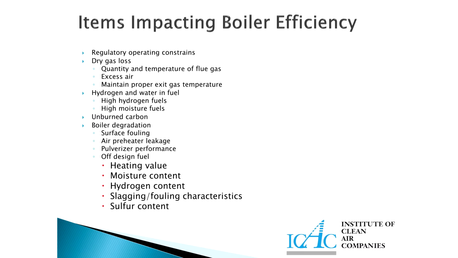I talked about the moisture content, hydrogen, slagging and fouling characteristics, again, insulating impact, and last but not least, the sulfur content. If you have a higher sulfur content, it has a higher acid dew point, so you need to keep the boiler exit temperatures higher so you don't corrode the backpass of the boiler, of the plant. Now, let's move from the boiler to the turbine.